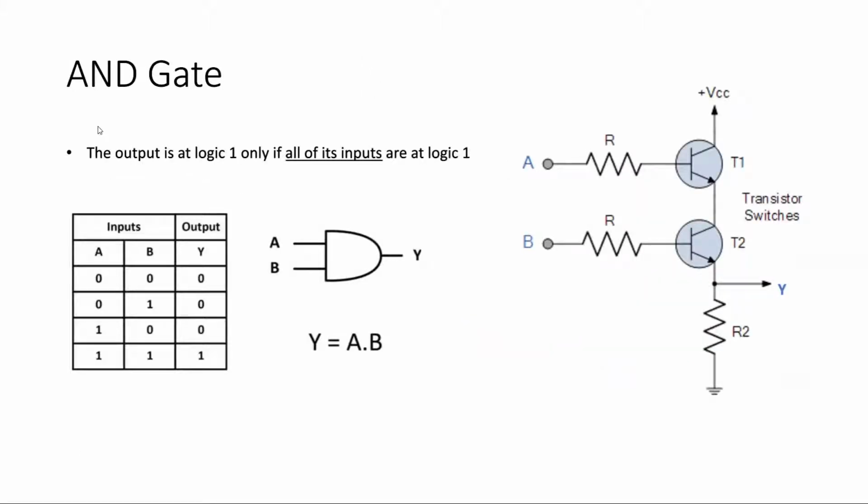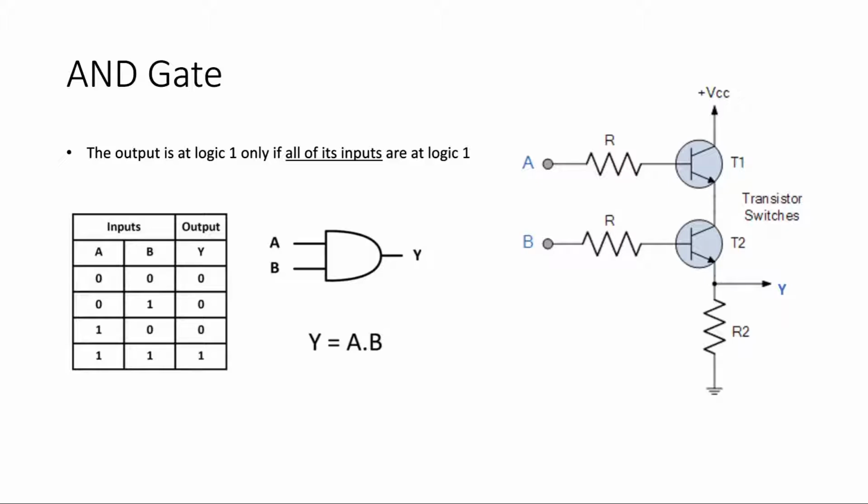The next gate I want to talk about is the AND gate. The AND gate implements the AND operation in Boolean algebra. And it works like this. You have this output and these inputs. Its output is at logic 1 only if all its inputs are at logic 1.